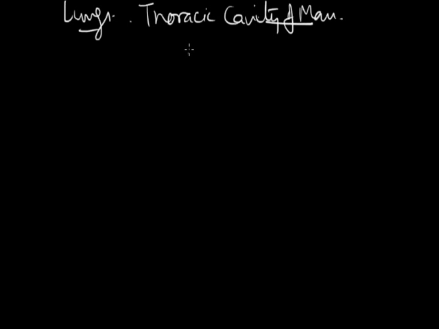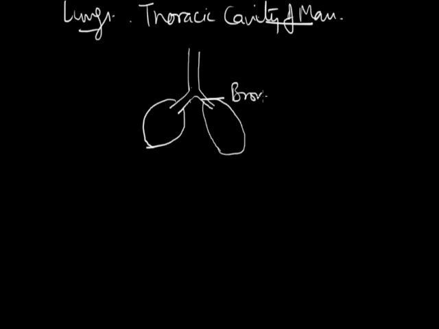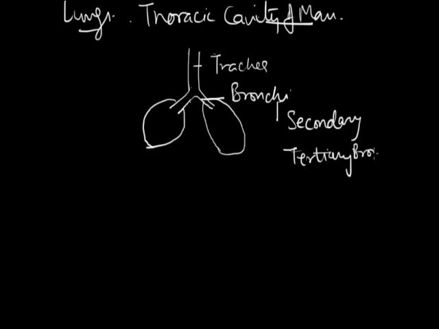If we see a generalized structure, then we should know that this is the trachea. It further divides into bronchi. These two bronchi enter into lungs. These bronchi do not stop dividing here, but further divide into secondary and tertiary bronchi.